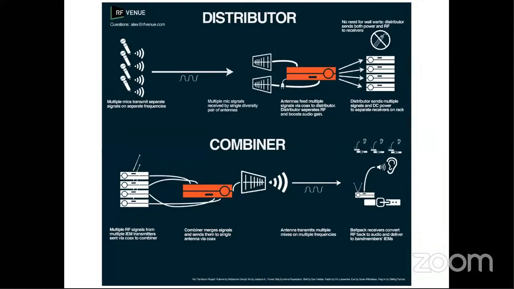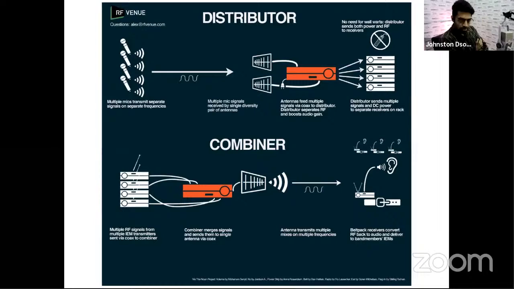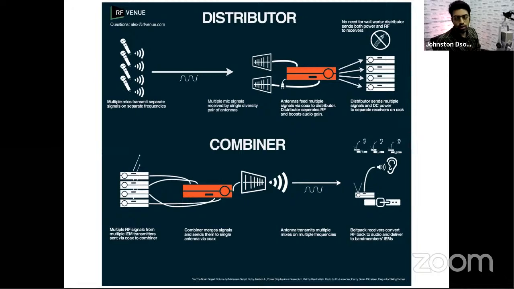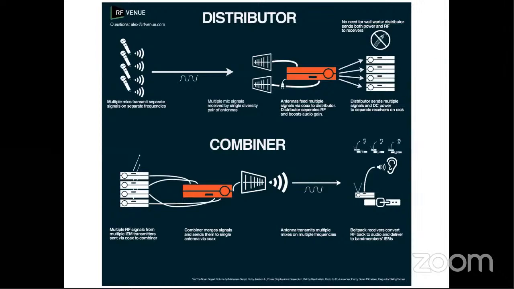No, sir. All clear? Yes, sir. Multiple mics transmit separate signals on separate frequencies. Yes. So every microphone, you'll have to tune to one single frequency. ठीक है? Take FM, for example.